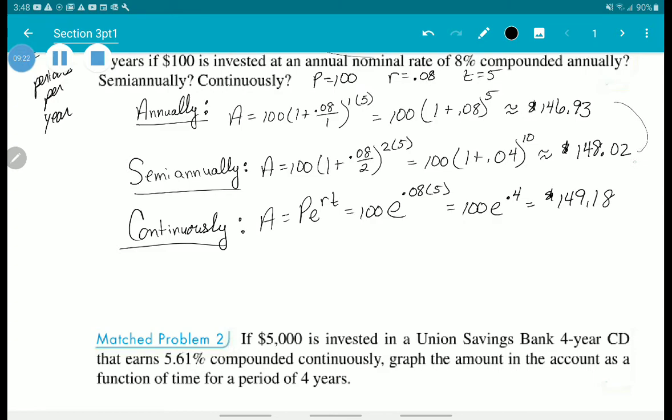If we were to do quarterly, monthly, and then daily, you would see us approaching that continuous interest amount. Just for fun, let's do that. Let's look at quarterly.